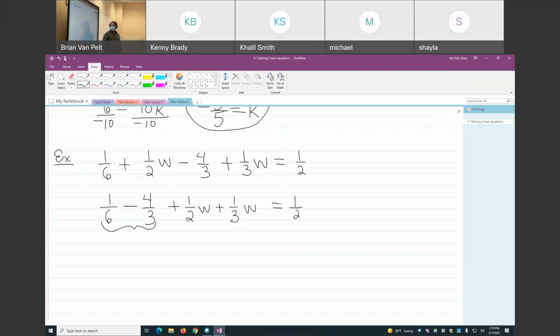No, 12. No. Anybody? What about 6? Can't I change the 1/6 into a 1/6 and the 4/3 into an 8/6? Similarly with the W's, I need these to both have the same denominator. So I'm going to rewrite the 1/2 W as 3/6 W plus 2/6 W.